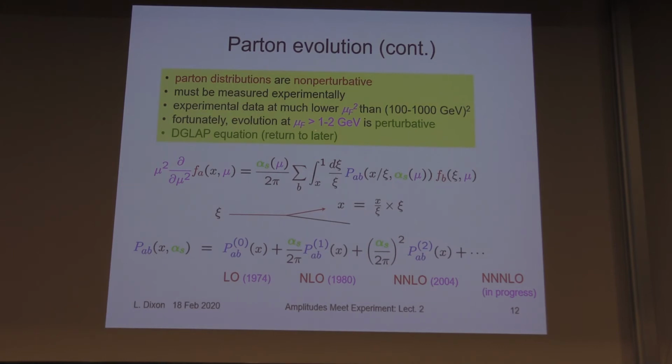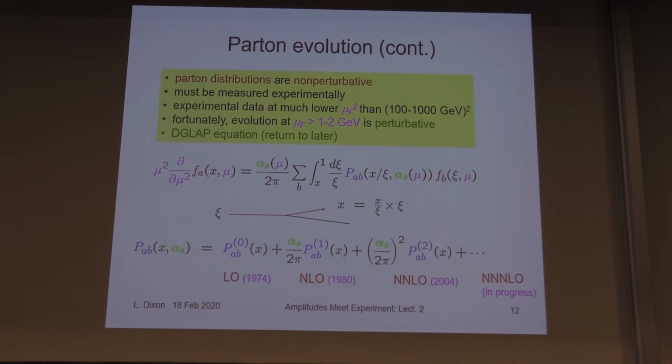But for now, just take my word for it, that these have been calculated originally around the same time as the discovery of asymptotic freedom, in some cases by the same authors. And then they were calculated to successive higher orders in perturbation theory: next to leading order in 1980, around 2004 to go to NNLO.